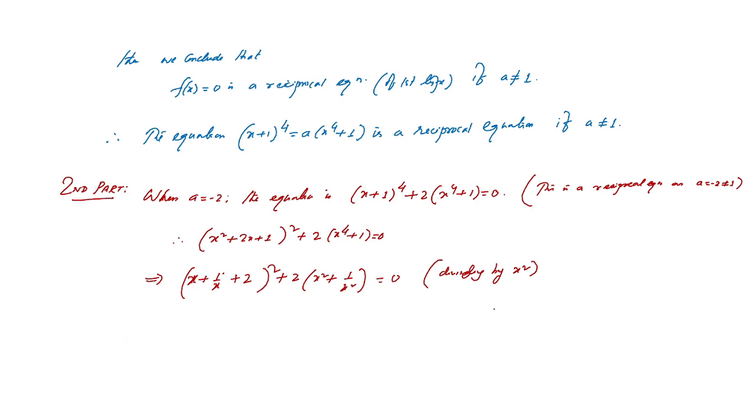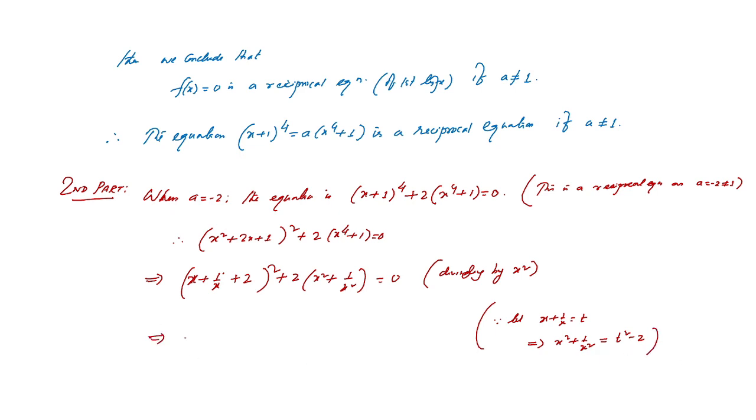Now we'll take, say, let x + 1/x = t. So that means x^2 + 1/x^2 will be t^2 - 2. You just square both sides and you will find out x^2 + 1/x^2 is t^2 - 2.